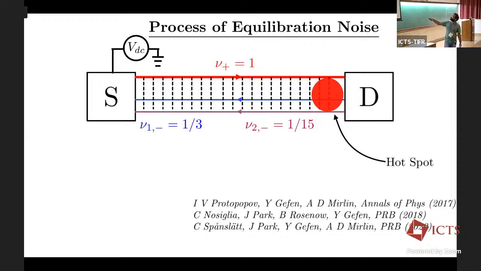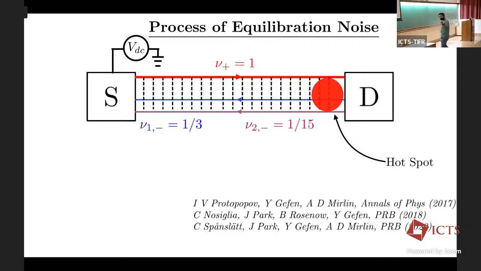But if the heat completely equilibrates, then the charge will go this way because 1 minus 1/3 minus 1/15 is greater than 0, but 1 minus 1 minus 1 is minus 1. So the heat will go this way. These are called anti-ballistic quantum Hall states. Charge goes this way, heat goes that way.